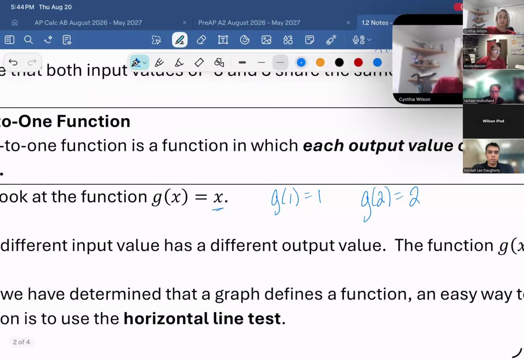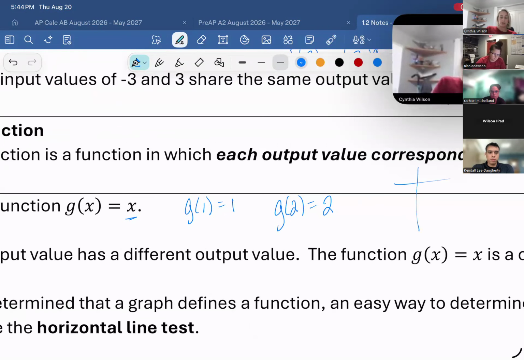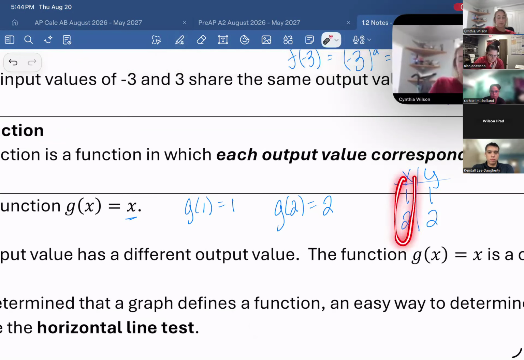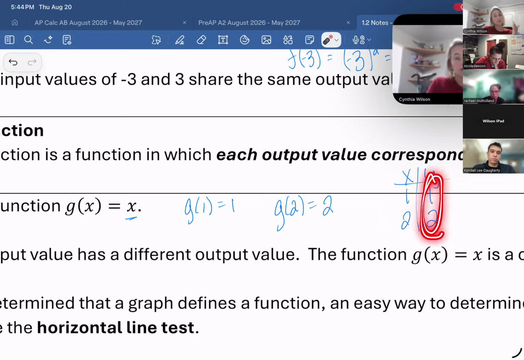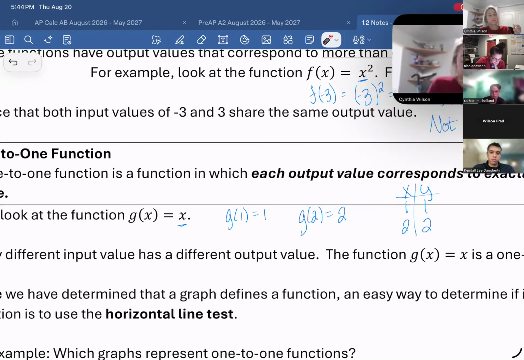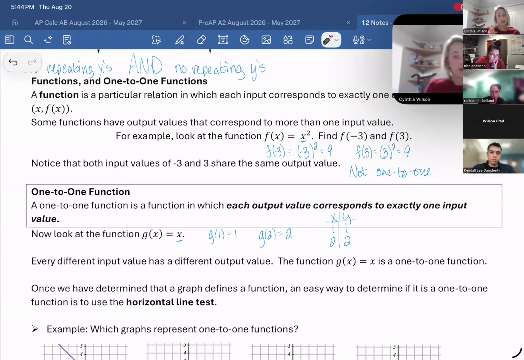G of x would be 2. So if I make a little t-chart here, plug in a 1, we get out 1. Plug in a 2, we get out 2. So far, my x's don't repeat and my y's don't repeat, which means g of x equals x is one-to-one. No repeating x's, no repeating y's.